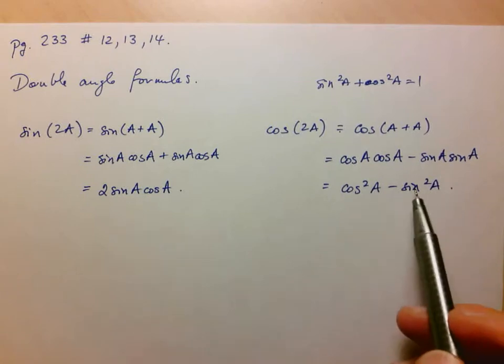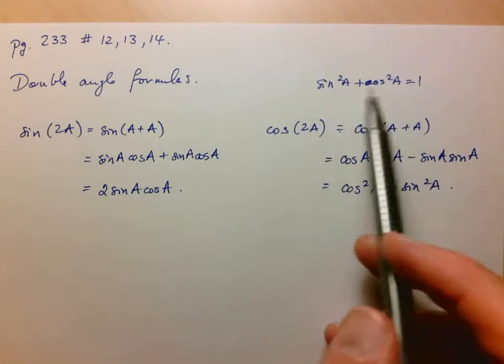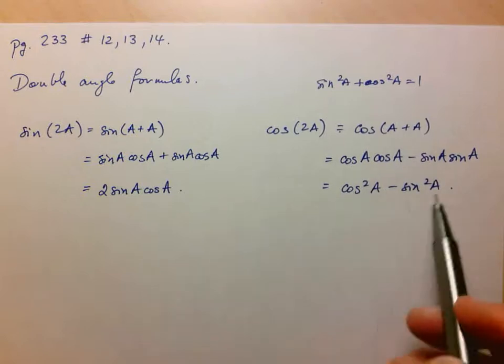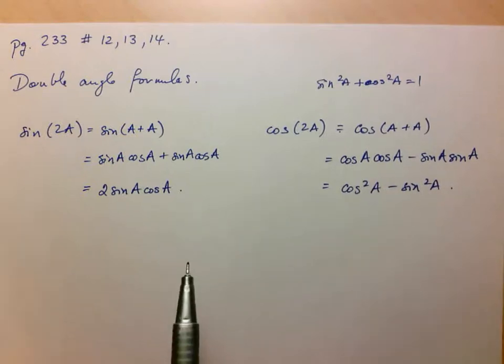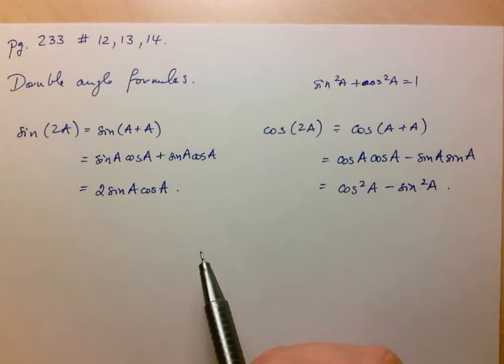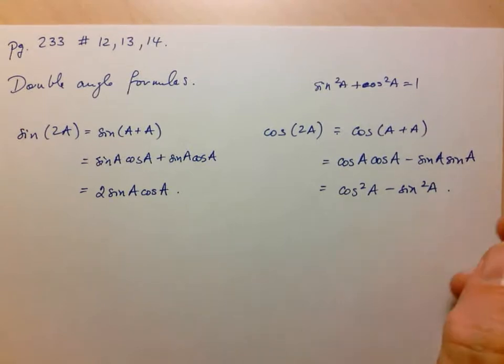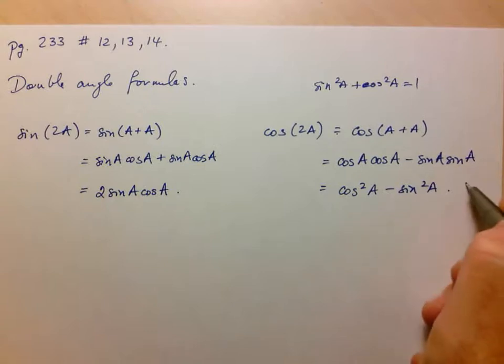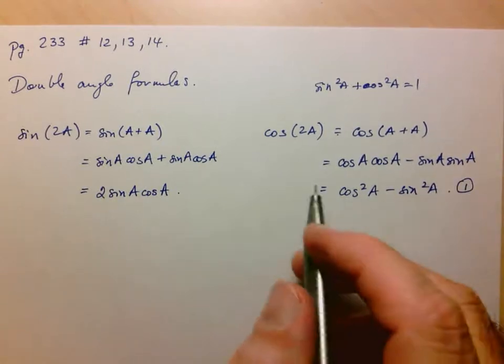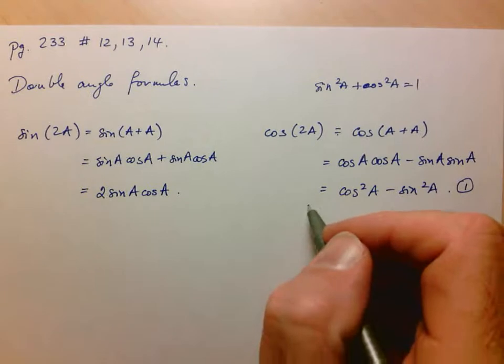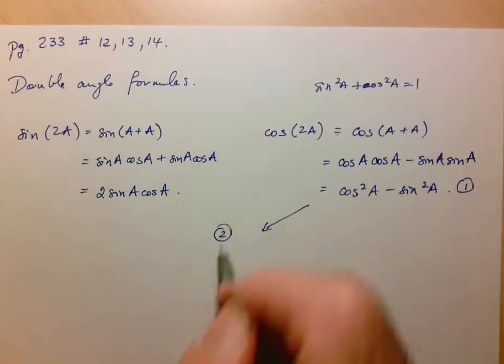Or I could do the same thing with the sine, replace sine squared with 1 minus cos squared, and so my expression contains only cosines. This is what I meant when I told you that there were 3 versions of this double angle formula. So this is version 1, which is sometimes very useful, but the other 2 versions are also handy.